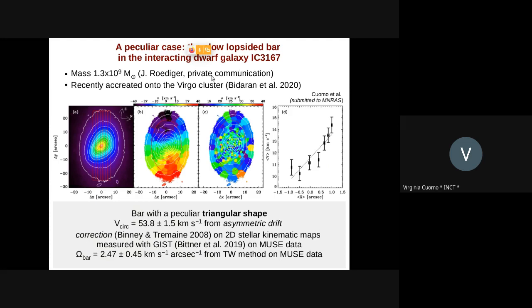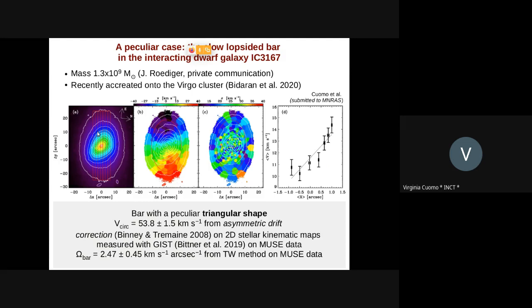It is the case of the dwarf XI 3167. Here you can see the MUSE reconstructed image, while the white contours show the isocontours of the galaxy. As you can see, this object is hosting a bar in the central part of the disk, which has an untypical triangular shape.